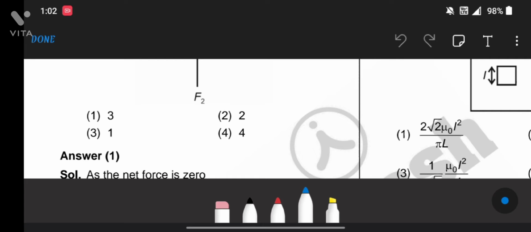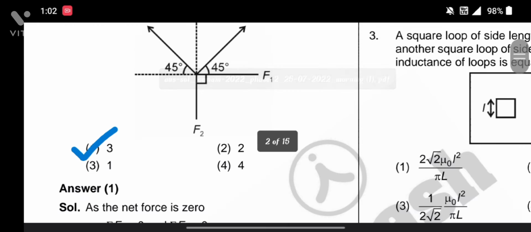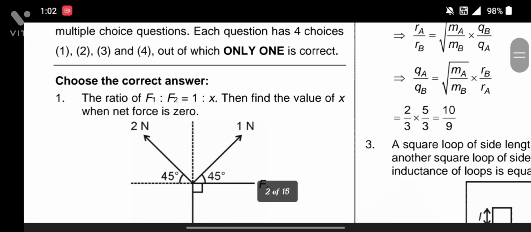So the correct answer for question number 1 is option 3. Therefore the value of x when the net force is 0 is 3. Okay, let us come to our next, second question.